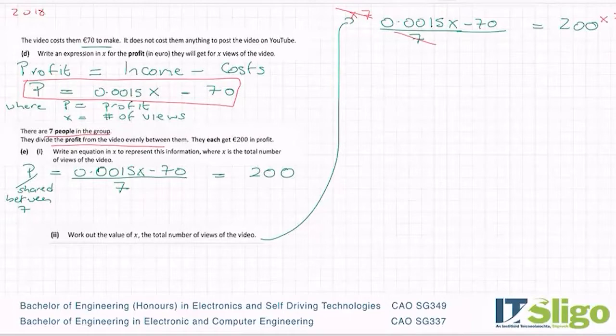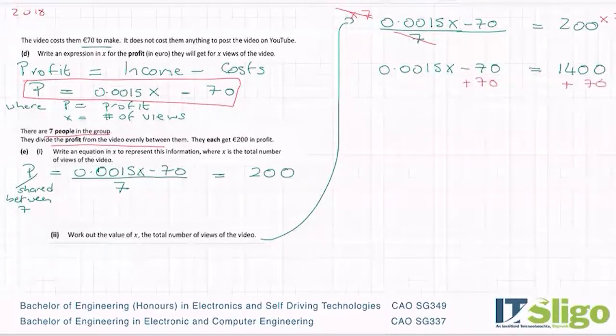Okay, so I am getting 0.0015x minus 70 being equal to 200 multiplied by 7, 1400 euros. Okay, so keep stripping away until you get x on its own. We're solving for x. So if I add 70 to both sides, that's probably the next easiest thing to get rid of. I have 0.0015x being equal to 1470.